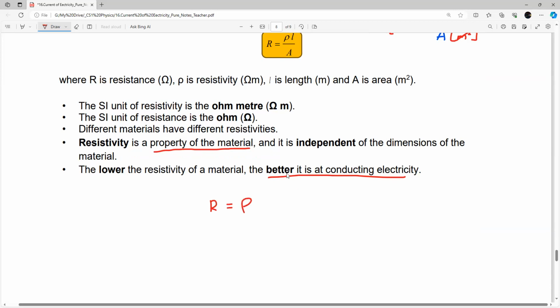So you want your resistivity to be low, your length to be short, and your cross-sectional area to be large. So a short and thick wire is better than a long and thin wire. And the material should be made of gold or silver with low resistivity.